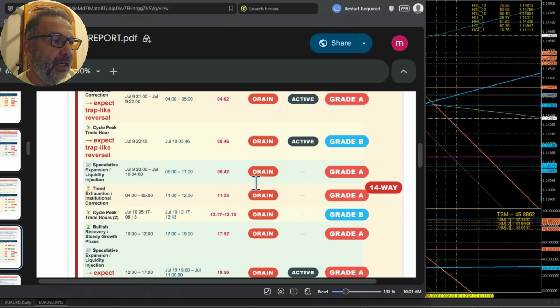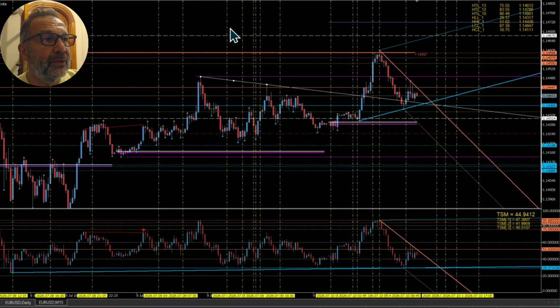So because it's a drain day, it's a grey day, you want to take a look at 11:25, and then you can see I've got 12:17 to 13:13, which is fine. So this zone, 12:30 to 1:15, or 12:20 to 1:15, these are the hours I'm going to look out for, and I can integrate them here as well.